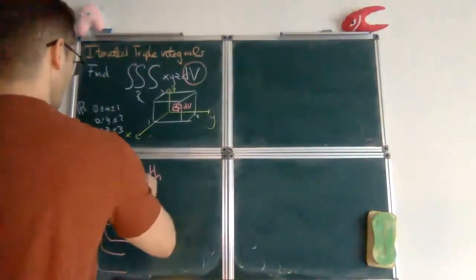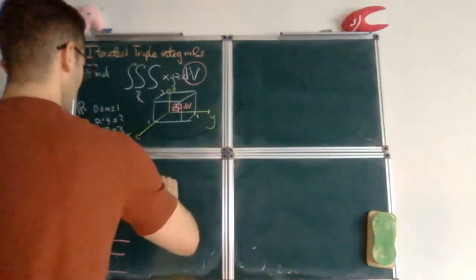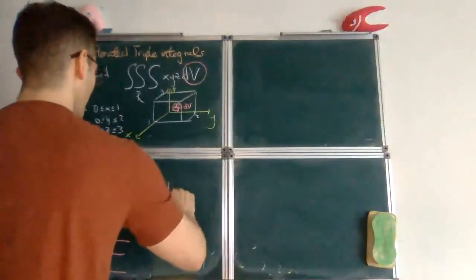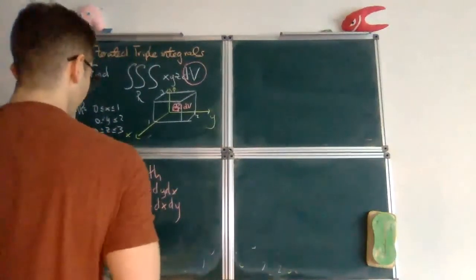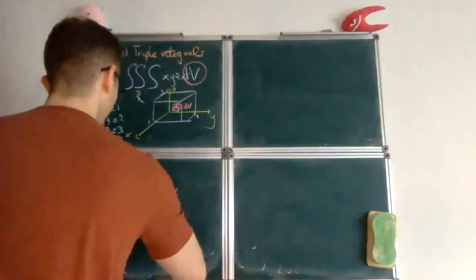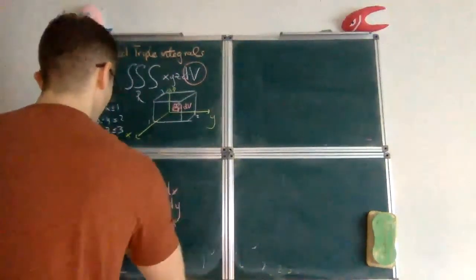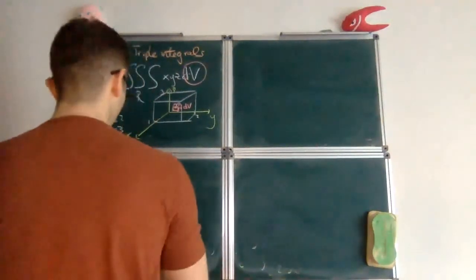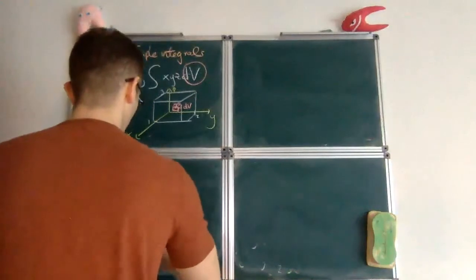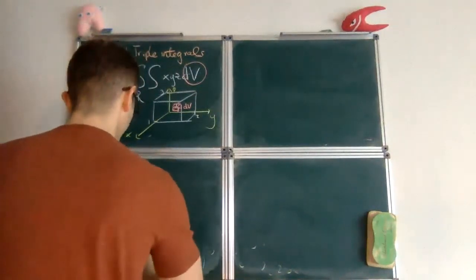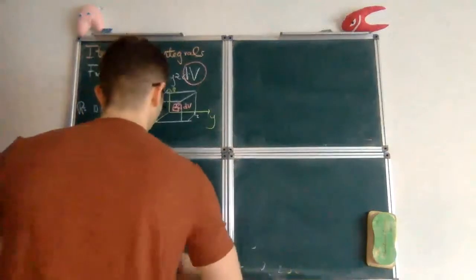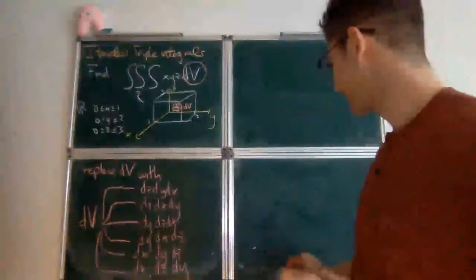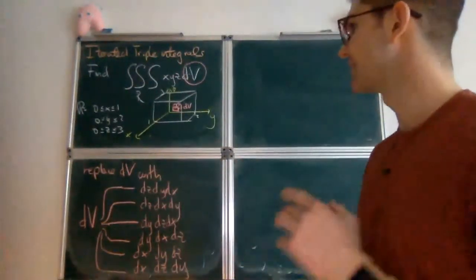You could say that dV is dz dy dx. You could say that dV is dz dx dy. You could also say that dV is dy dz dx, or dy dx dz, and you could also say that this is dx dy dz, or dx dz dy. Okay, so there are 6 possibilities. And so in principle, you could slice this up in 6 different ways.